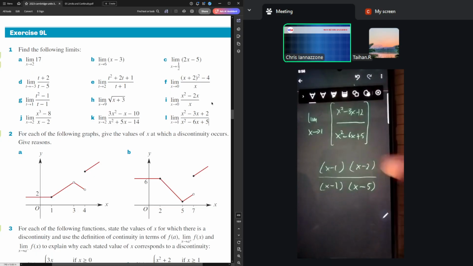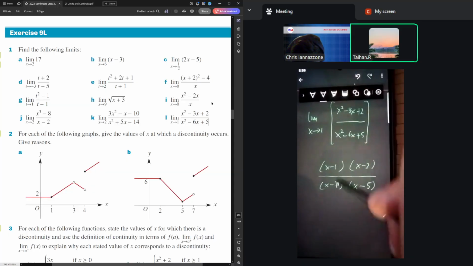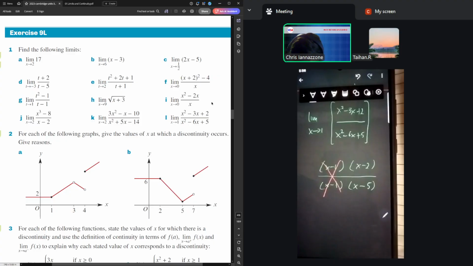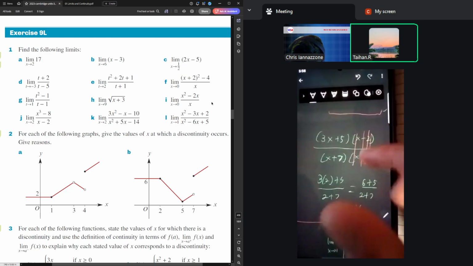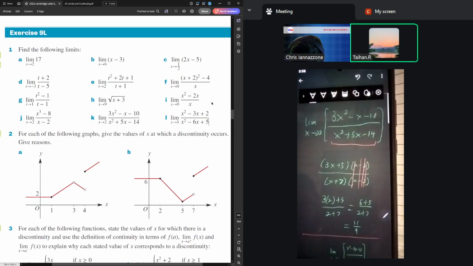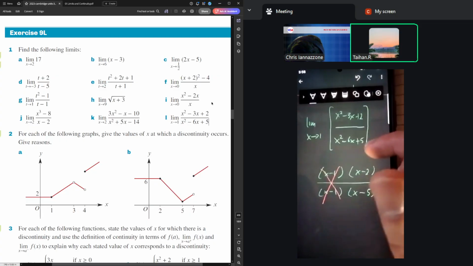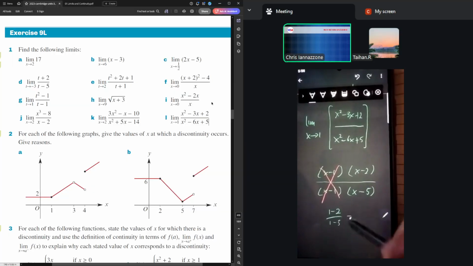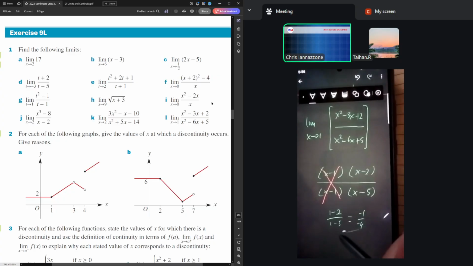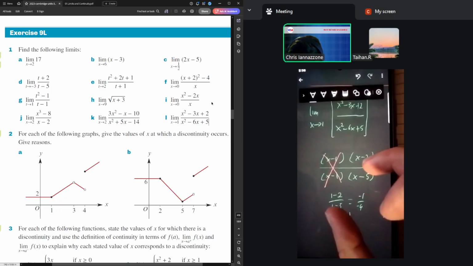Cool. Good, and then cancelling out the x minus 1. Yep. Could you go up just to the last question? I think I remember it from there. Okay, and then we sub in the value the limit's approaching. So we sub in 1, so we get -1 over -4. So 1 over 4. Yeah, that's it. 1 over 4, and that is the limit.